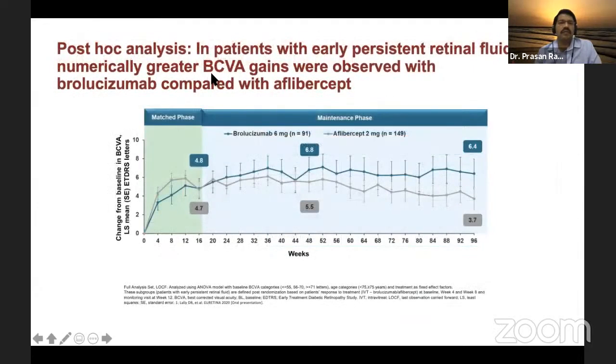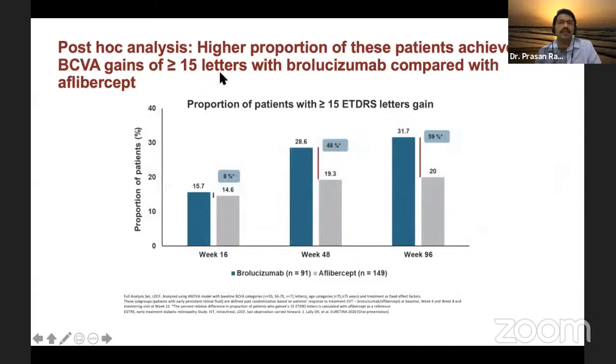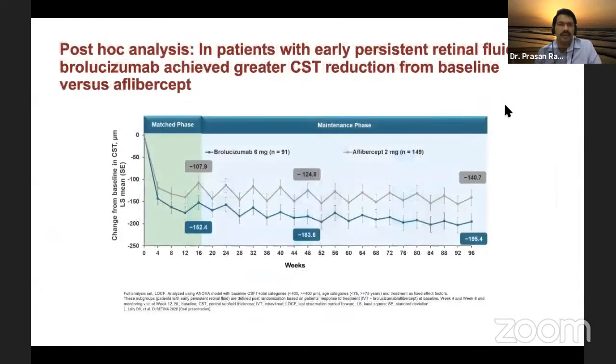If you look at the visual gain over a period of time, eyes treated with brolucizumab did much better at week 96 in terms of visual acuity. If you look at the percentage of patients who achieved better vision at more than 15 letters at each time point, at 16, 48, and 96, brolucizumab generally tended to do better. Even for significant reduction in subretinal fluid levels or CST reduction, eyes with brolucizumab did better at week 96 versus aflibercept.